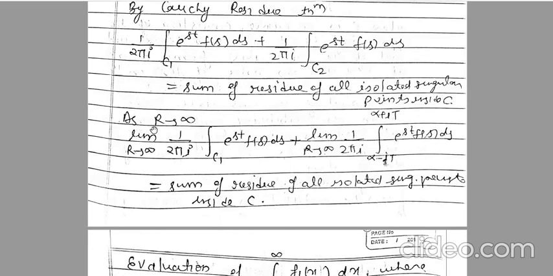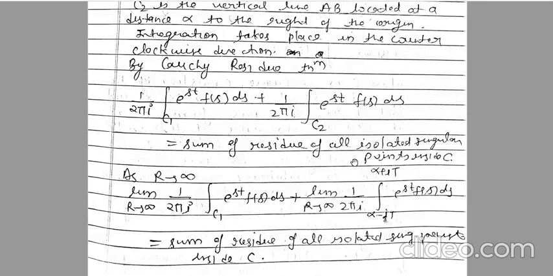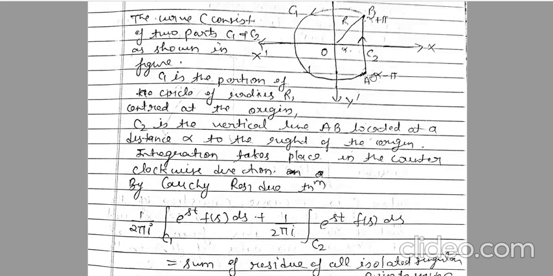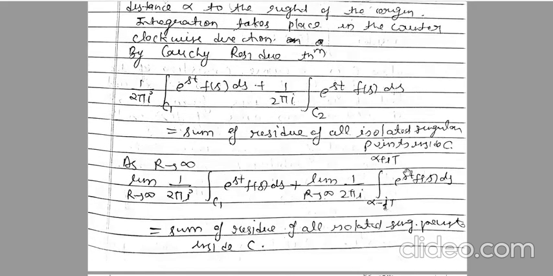That means limit R tends to infinity of 1 upon 2 pi i integral over C1 of e to the power st F(s) ds, plus limit R tends to infinity of 1 upon 2 pi i integral over the line AB, which runs from alpha minus i infinity to alpha plus i infinity, of e to the power st F(s) ds, is equal to the sum of residues of all isolated singular points inside C. So this is your Bromwich integral.